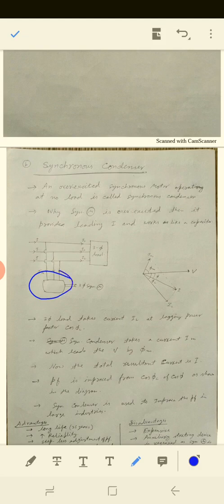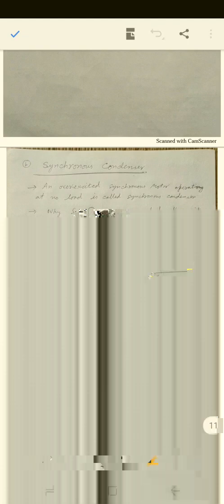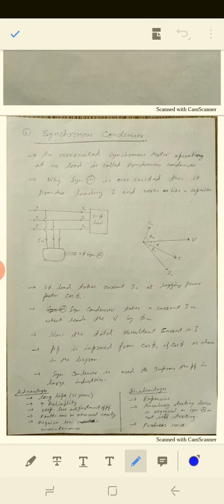Here the voltage is V, and the load is taking a current IL, that is, the load current is IL. Here V makes an angle phi 1 with respect to IL.